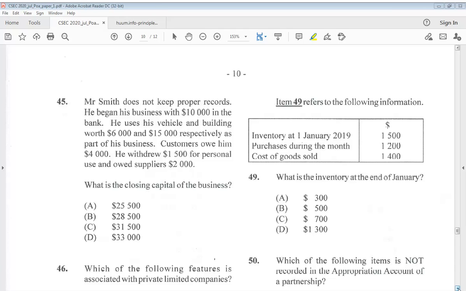What is the closing capital of the business? Is it A, $25,500, B, $28,500, C, $31,500, or D, $33,000? Now, as I said, this is an interactive video discussion, so I want you to work out this one as well, number 45.